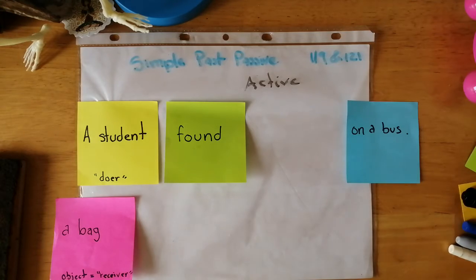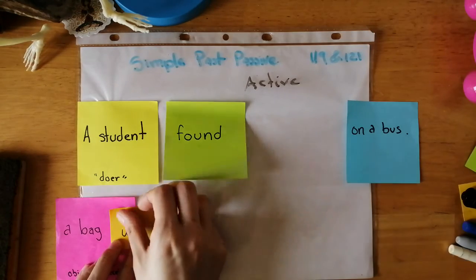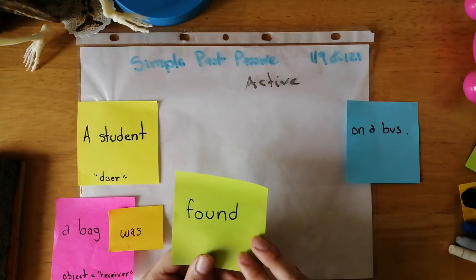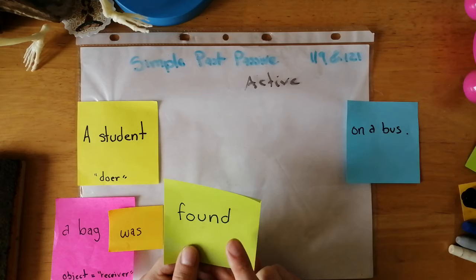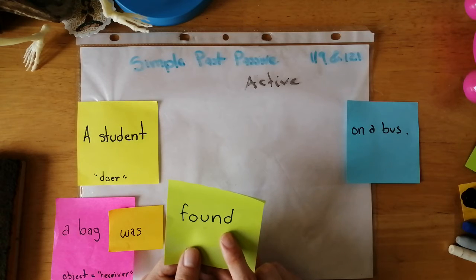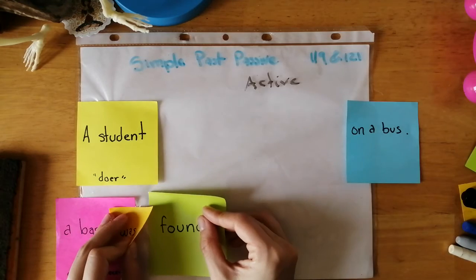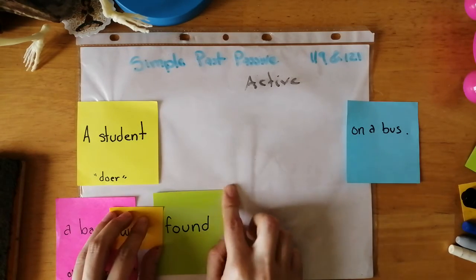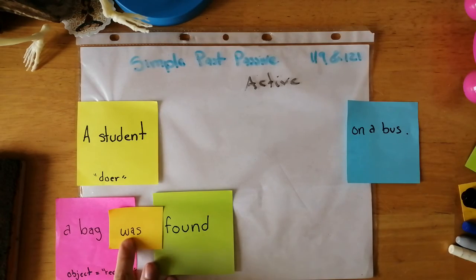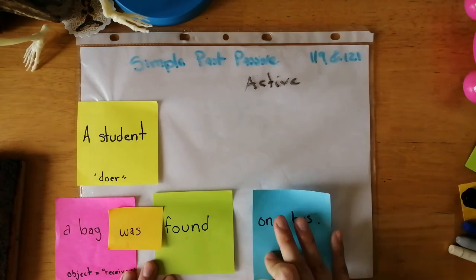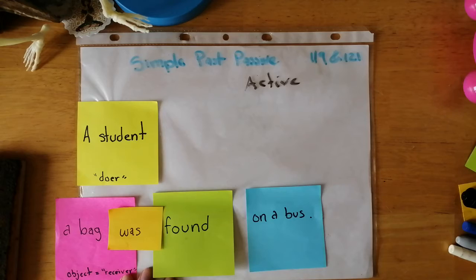So was, plus my verb in the past participle, which in this case is the same thing, but it's not going to be that way always. Okay, a bag was found on a bus. There you go.